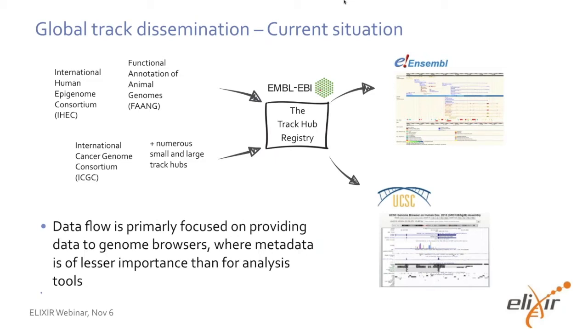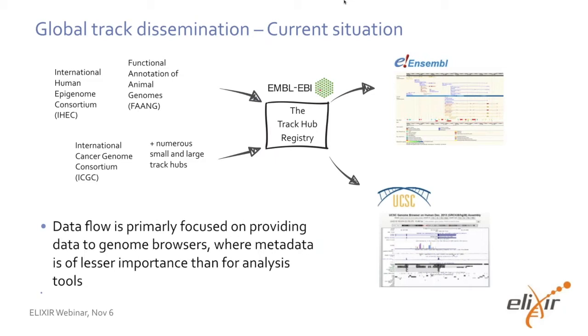What has previously been done is the creation of the TrackHub Registry, which is a collaboration between UCSC and Ensembl, or the EMBL-EBI more precisely. Basically, the track data generators can provide metadata of the tracks in a TrackHub format and submit that to the TrackHub Registry, and then those tracks are imported into both the Ensembl genome browser and the UCSC genome browser.